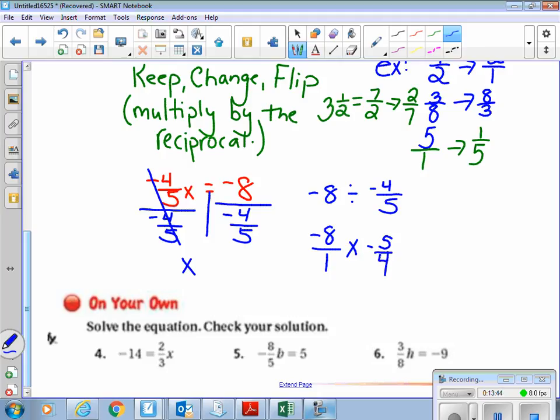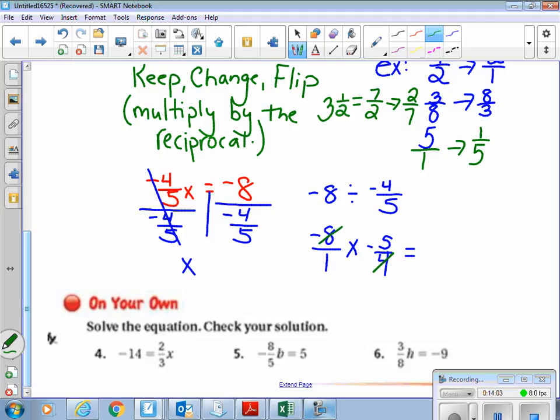Remember, when you have a negative fraction, whether your numerator or your denominator is negative, the whole fraction is negative. It's one whole number. So now I'm looking at a negative fraction times another negative fraction. A negative times a negative should be a positive. If you want, you can cross cancel here because I can see that 4 and 8 have something in common.